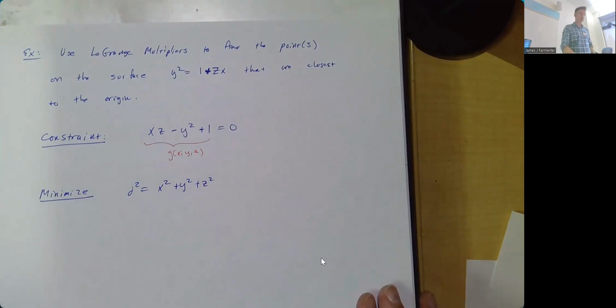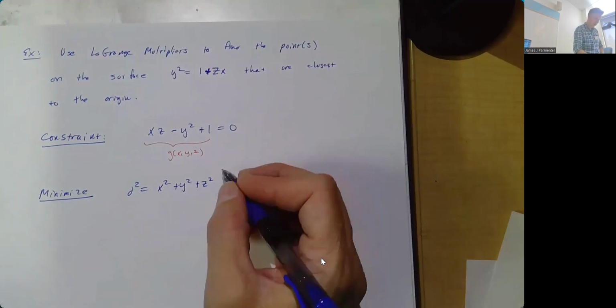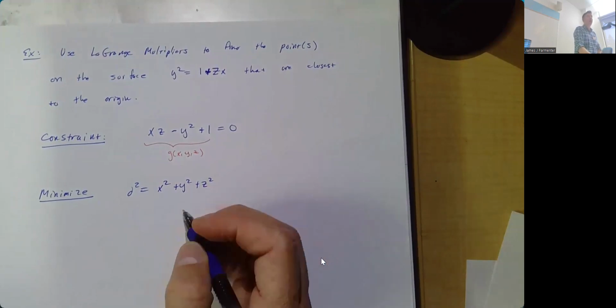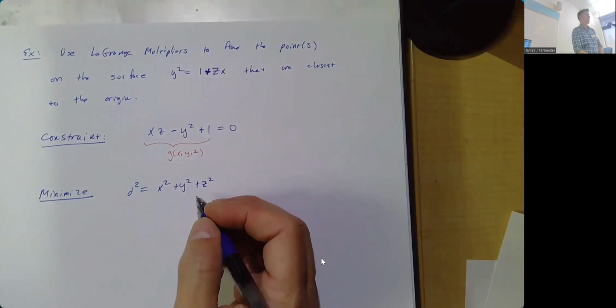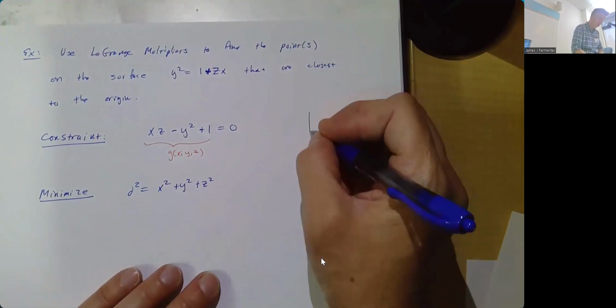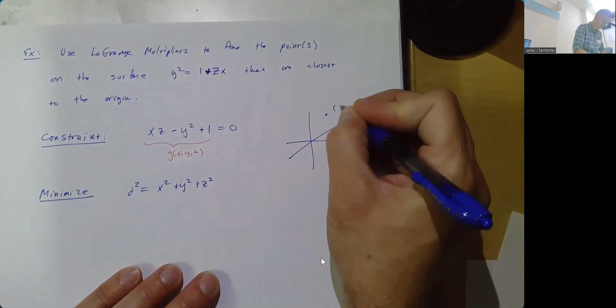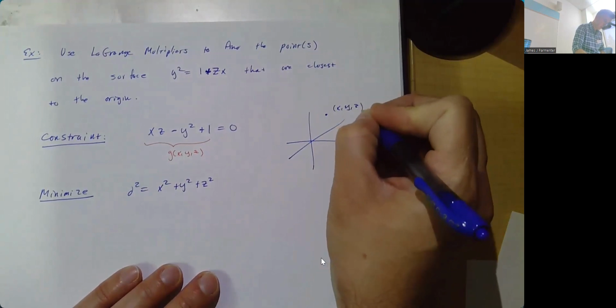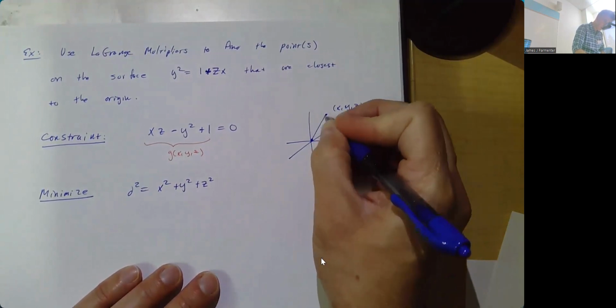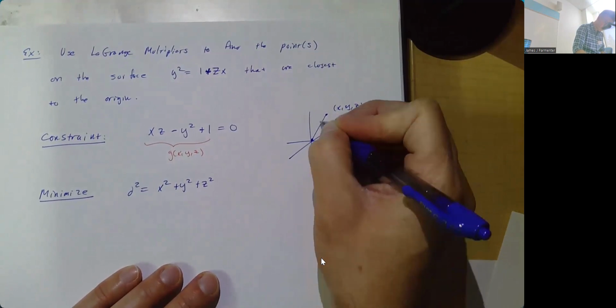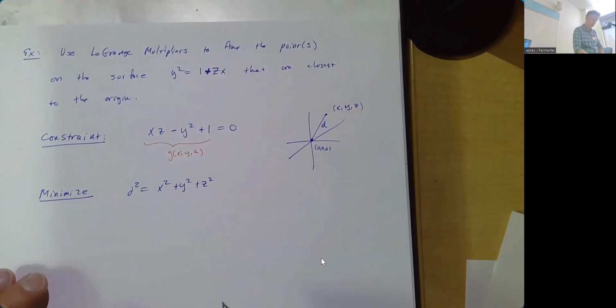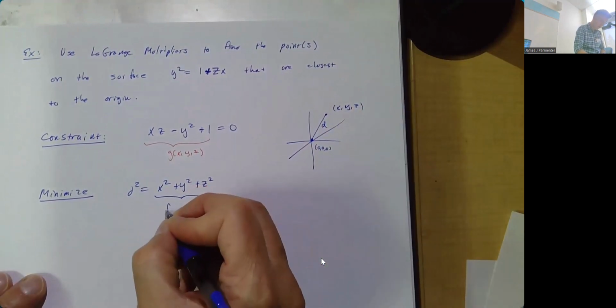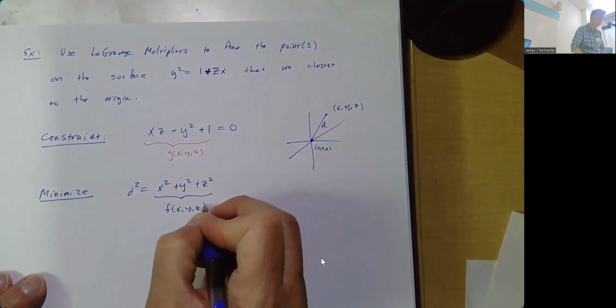Just to point out, this is really x minus 0 squared plus y minus 0 squared plus z minus 0 squared, because it's the distance from my point x, y, z on my surface to the origin, which is 0, 0, 0. And that thing you're trying to minimize is your f of x, y, z.